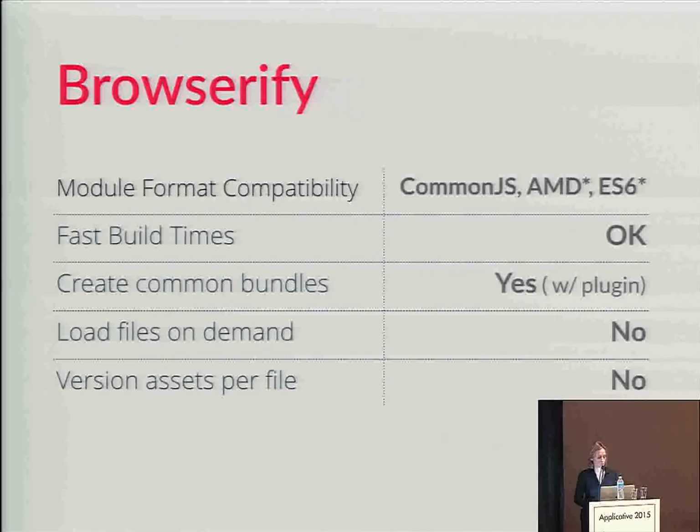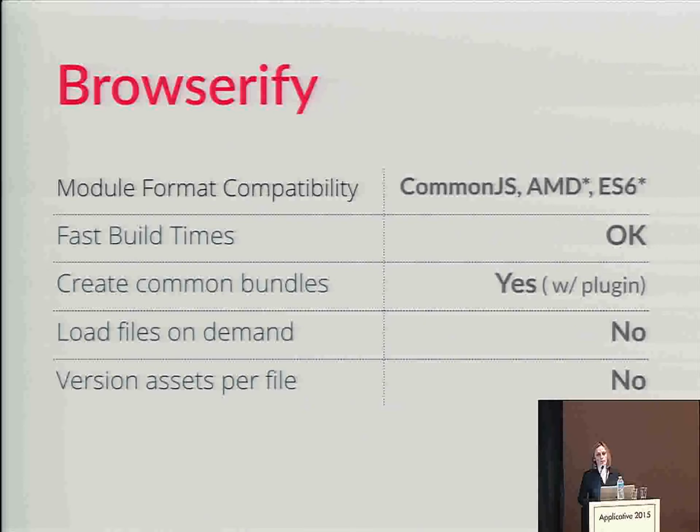Let's have a look at Browserify now. Browserify is working with CommonJS out of the box, and then you have plugins for AMD and ES6 modules. Fast build time, yeah, it's much better because it's going to only recreate the files that changed and only those ones. So it's fast. Create common bundles, yes, with a plugin.